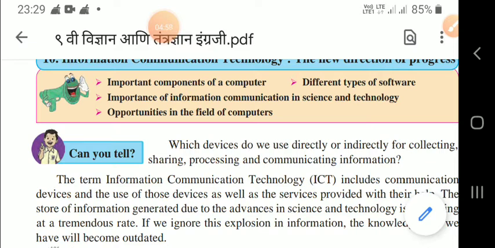So it is better to store this information so that we can avoid the explosion of information. The knowledge that will become outdated, we can store and keep, and sometime if we need, we can use it. To deal with the explosion of information, we have to use all these devices.